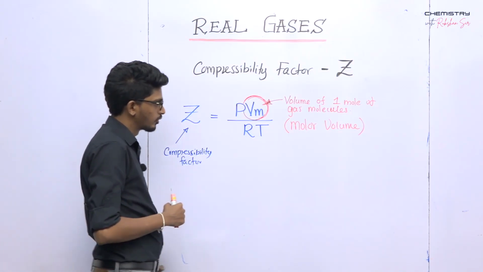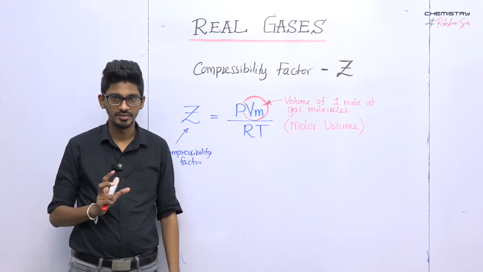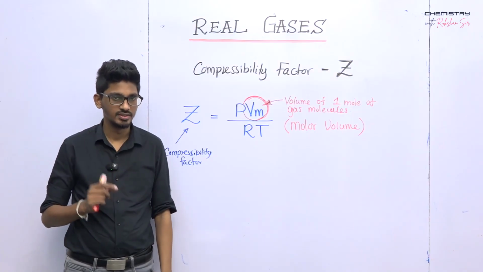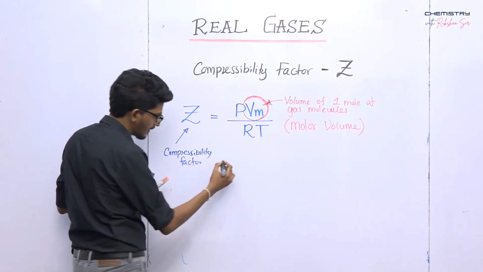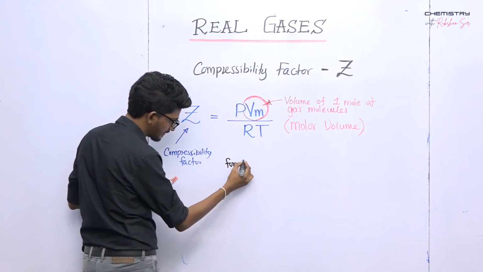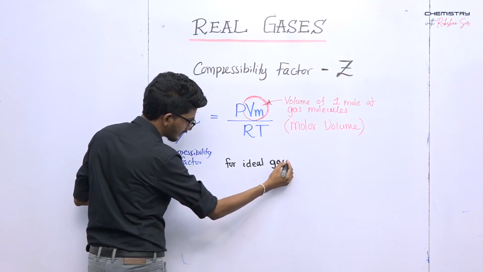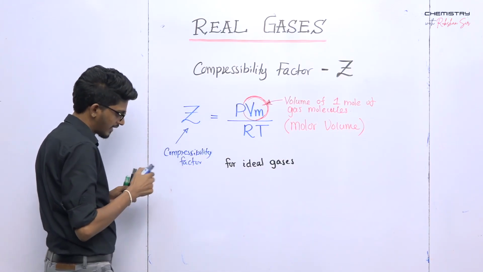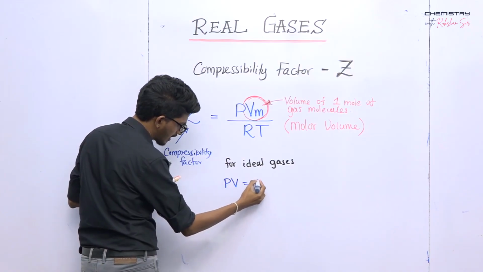Right. So if you think of ideal gases, this Z value is going to be 1. How come? See, it's like this now. For ideal gases, we know that PV is equal to nRT.